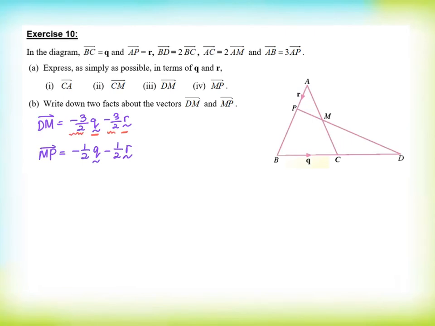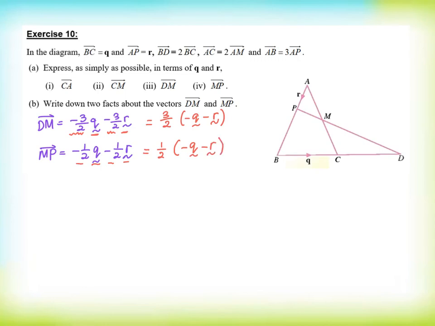So what I can do, I can write this as 3 over 2 bracket negative Q negative R. Let's take a look at MP. What do we notice? I also have a scalar multiple of vector Q, a scalar multiple of vector R, and both of them are half. So I can write this as, factorize out the common factor half to be negative Q minus R.